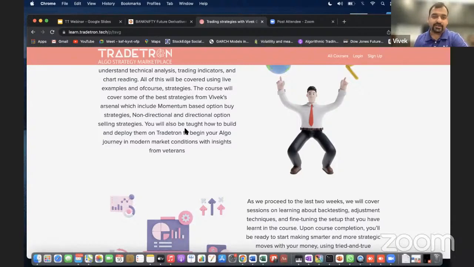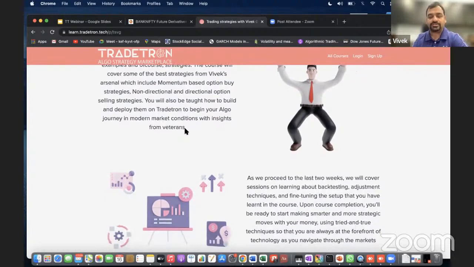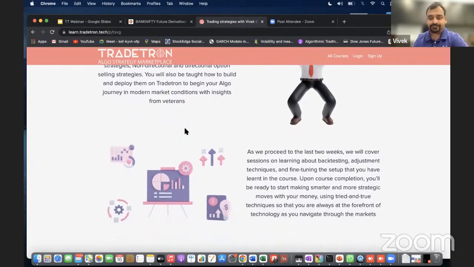So how do we do position sizing, even things like when volatility changes, how do we adjust the size of the positions? And then we can talk about combining a few of these strategies together. So it will include a complete framework, how you can trade a directional index as well as a non-directional index and build a bouquet of strategies for yourself.